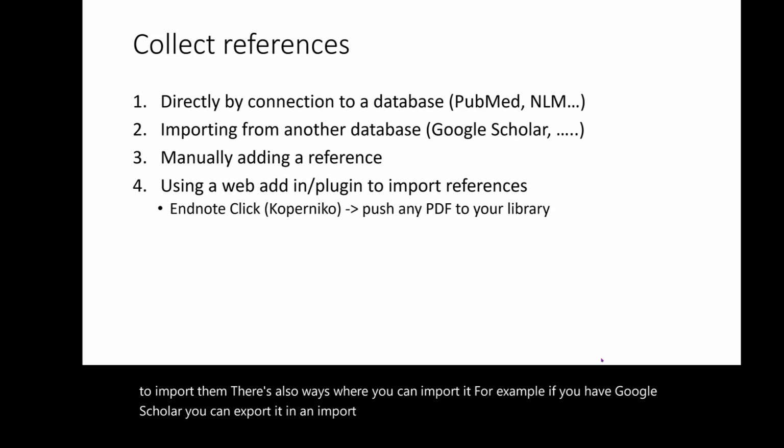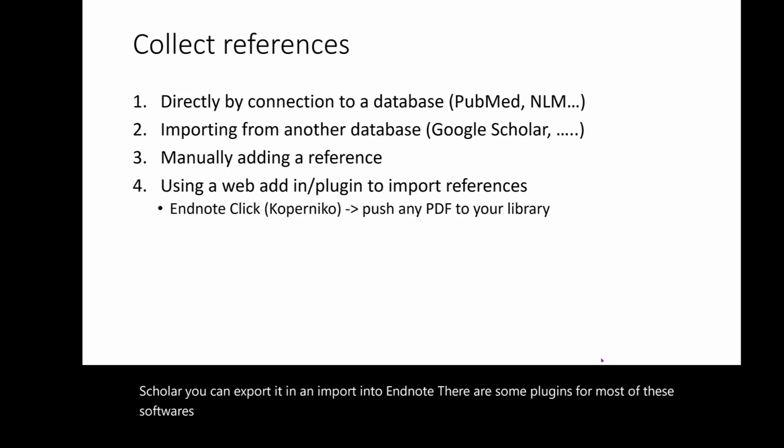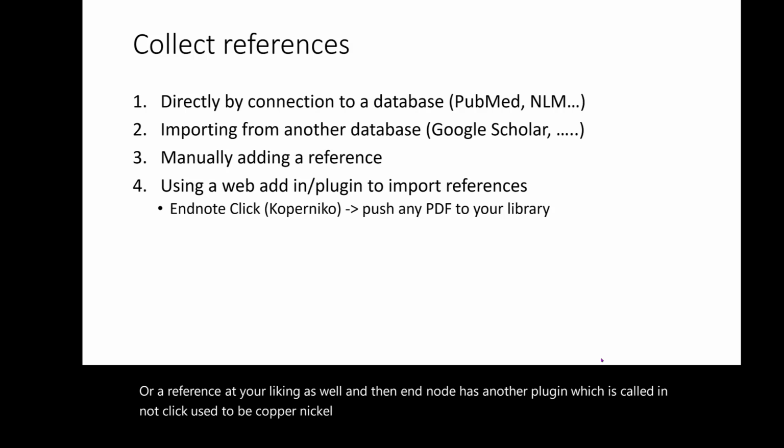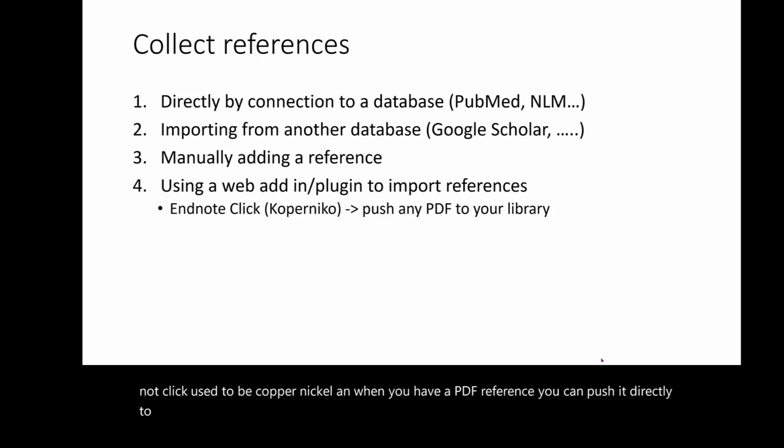There are plugins for most of these software which you can add to your browser, and then everything can be converted into a PDF or a reference at your liking as well. And then EndNote has another plugin called EndNote Click, used to be Kopernio, and when you have a PDF reference, you can push it directly to your library. So lots of great resources for you to have.